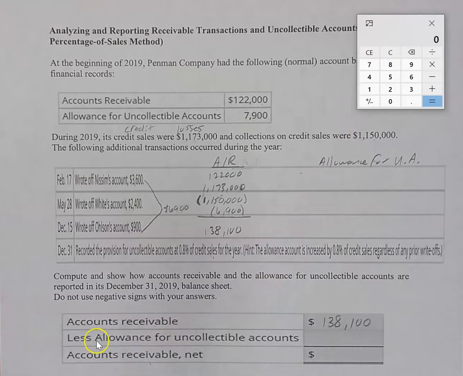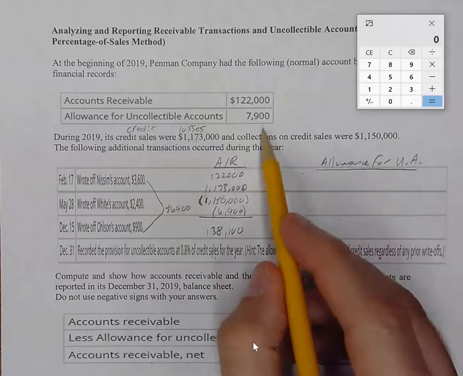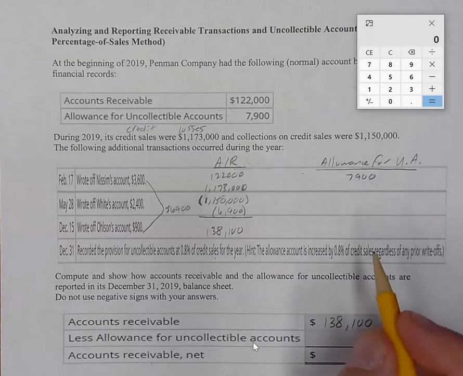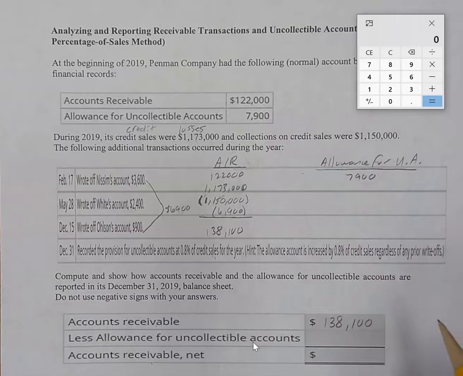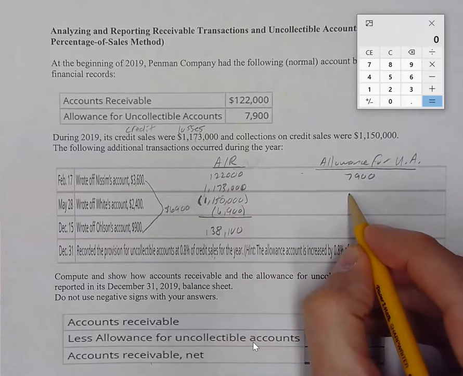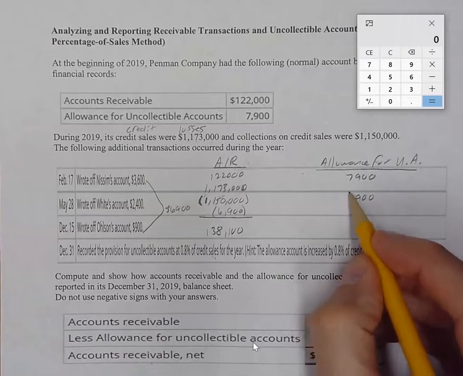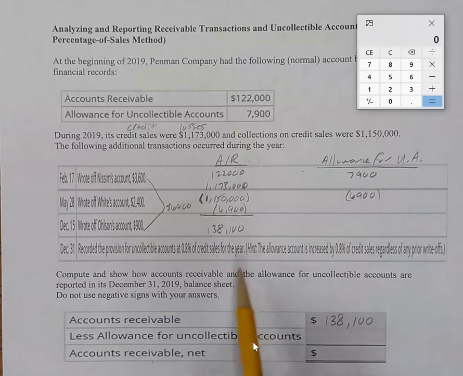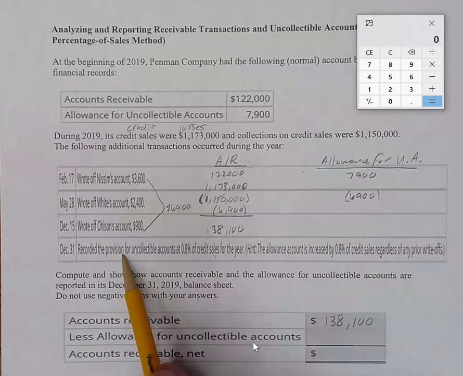Okay, so less allowance for uncollectible accounts. We started off with this $7,900 balance here, so let's go ahead and put that down. Again, do note $7,900, that was our beginning balance. Now, of that, we used up $6,900 with these write-offs. So we need to recognize that. And then we also need to do this part right here where we record the provision.